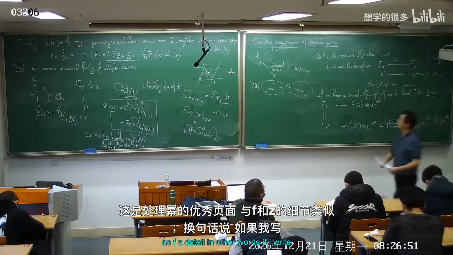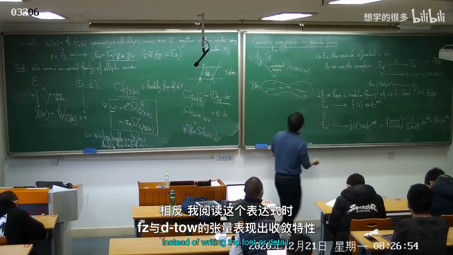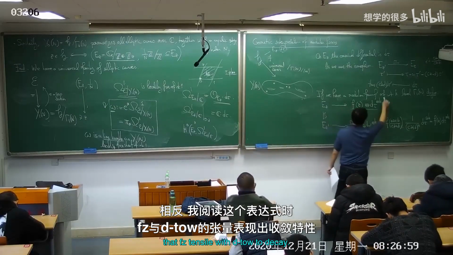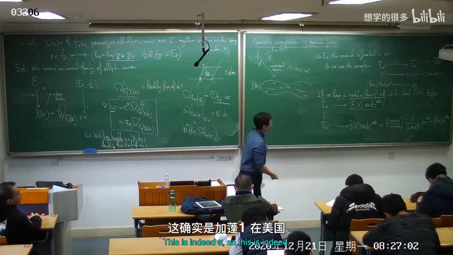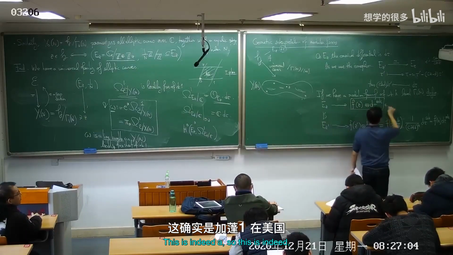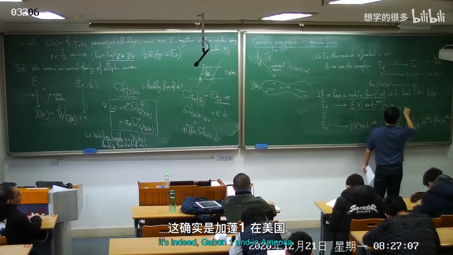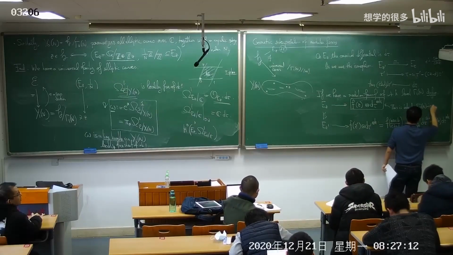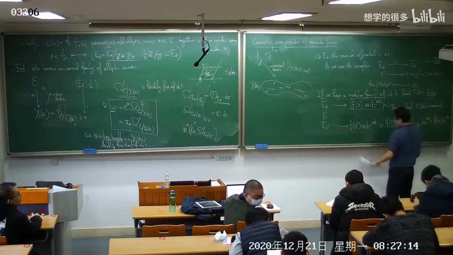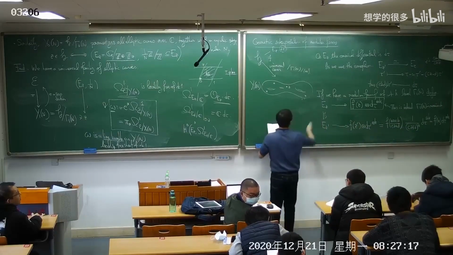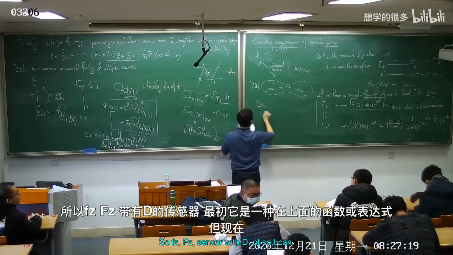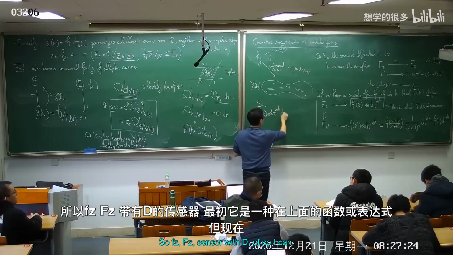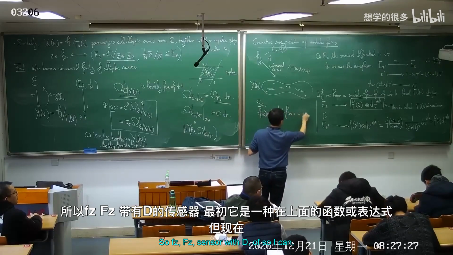In other words, instead of writing the function f or d tau, I write this expression, F(z) tensor with d tau to the k. This is indeed gamma 1(n) invariant. So F(z) tensor with d tau^k defines a section.